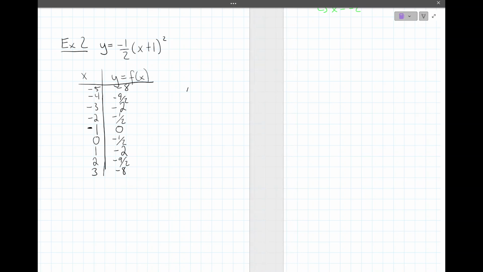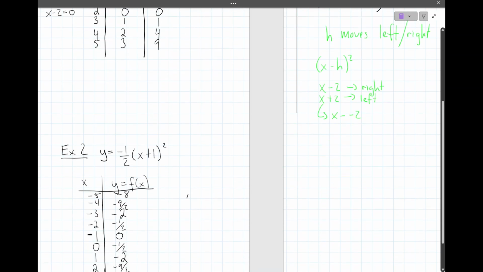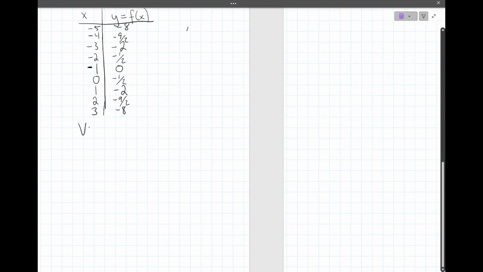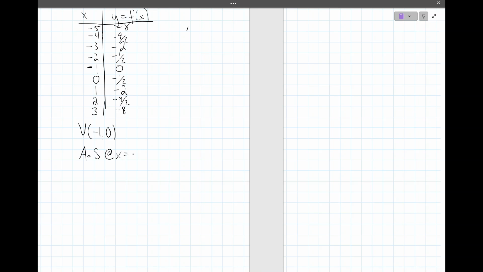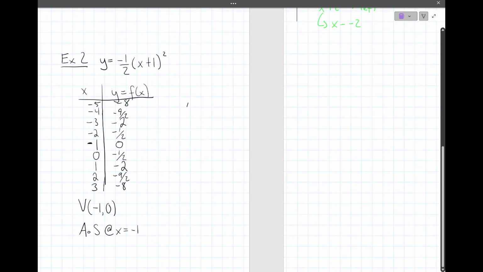The vertex for the previous one was at 2, 0. For this one, right away we know that the vertex is at negative 1 and 0. So the axis of symmetry, we know right away, is at x equals negative 1. We know the y-intercept.